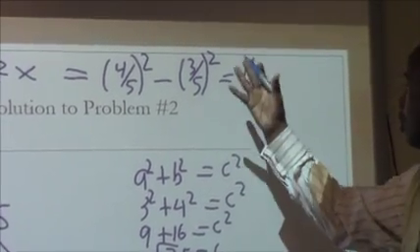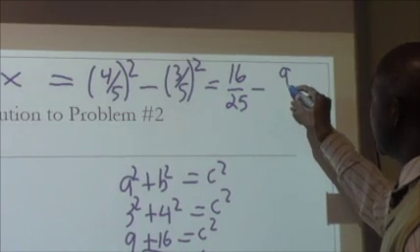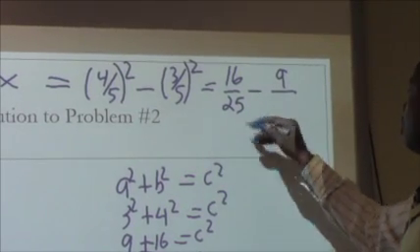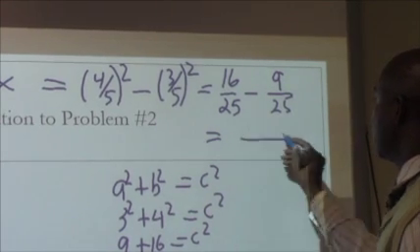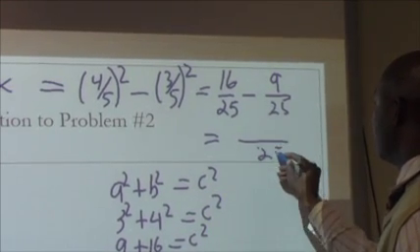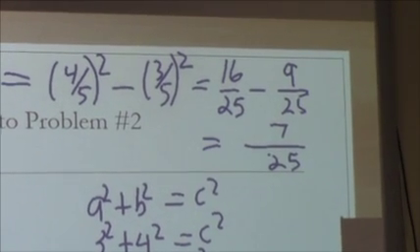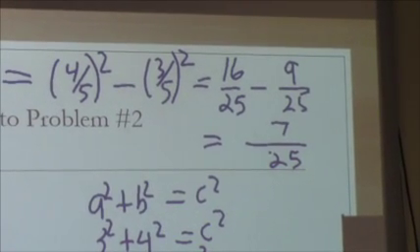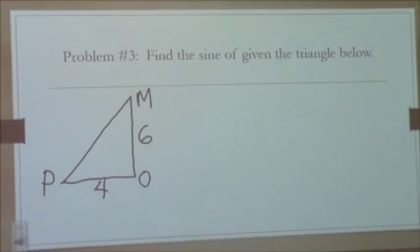Minus 3 squared is 9 over 5 squared, which is 25. Same denominator, 25. 16 minus 9 is 7. So the result we have here is 7 over 25.